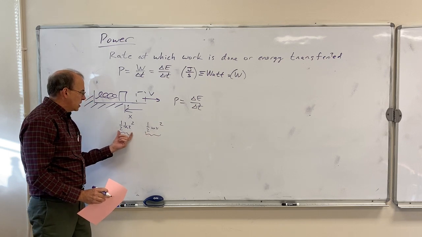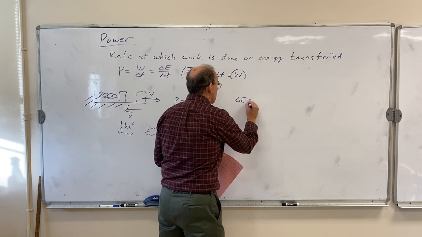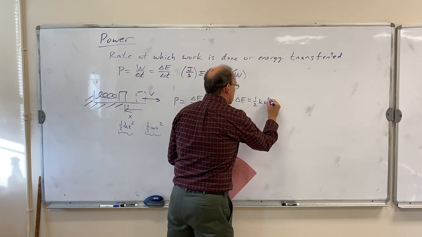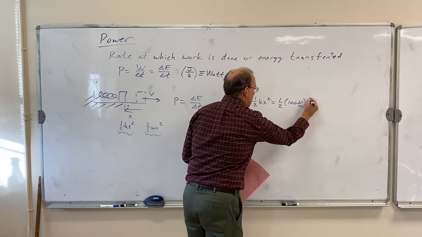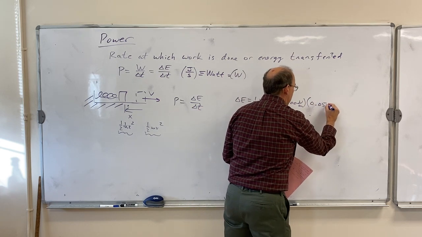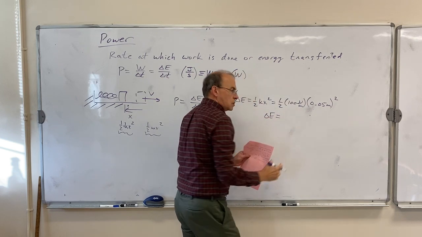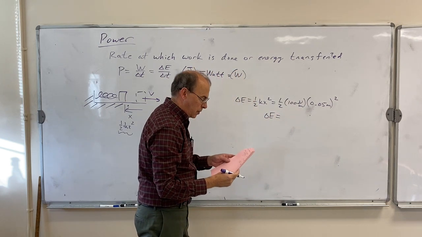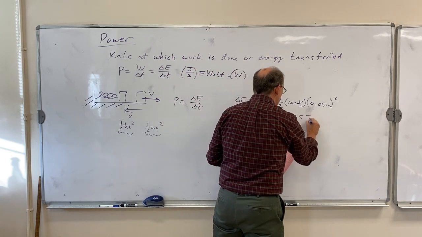So I'm saying this delta E is 1/2 kx squared. That's 1/2. The k was 100 newtons per meter in that example. x was 0.05 meters in that example. So this energy that was being turned from potential to kinetic energy was 0.125 joules.